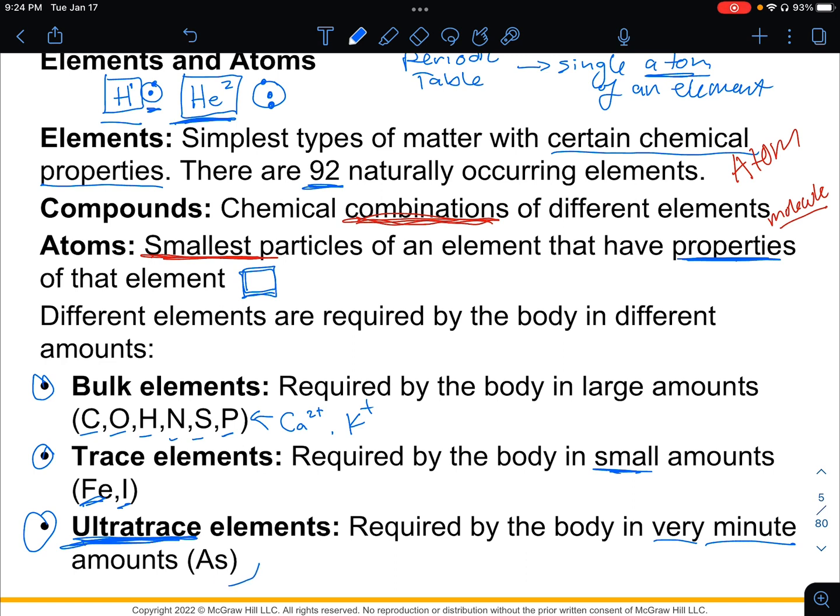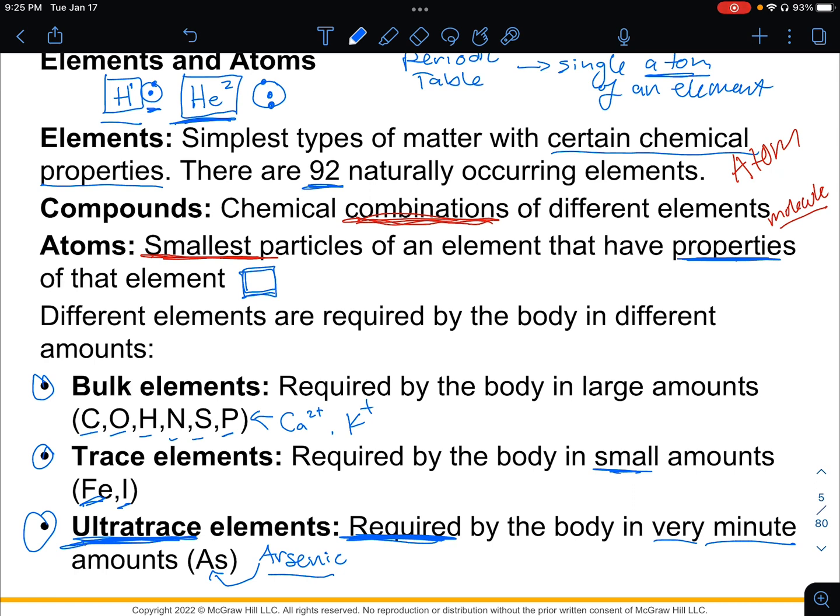Does anybody know what this chemical is? AS. This is actually going to be arsenic. Can we think of what arsenic is used for? Yeah, poison. Arsenic in large amounts is used for poison, especially if it's not treated properly. However, our body actually requires it. This says it's required by the body in very minute amounts.